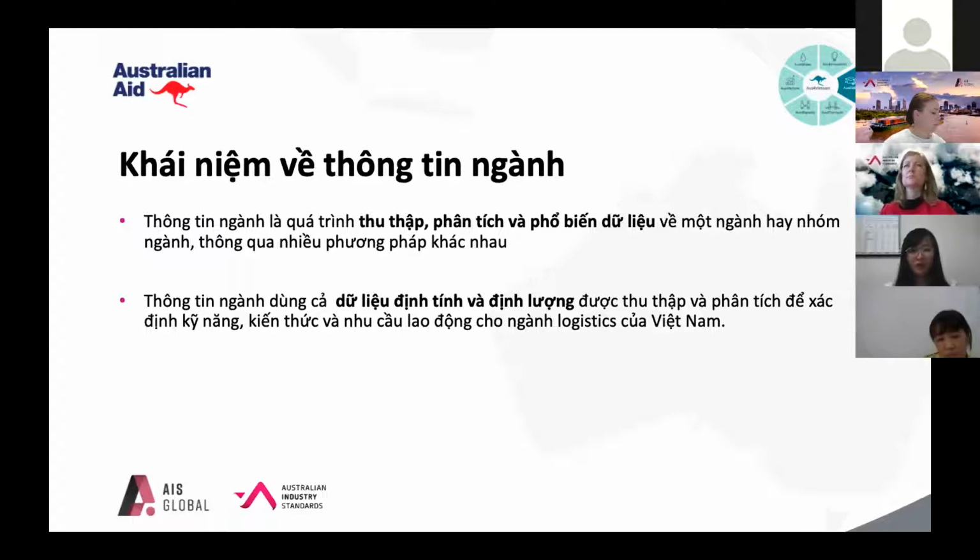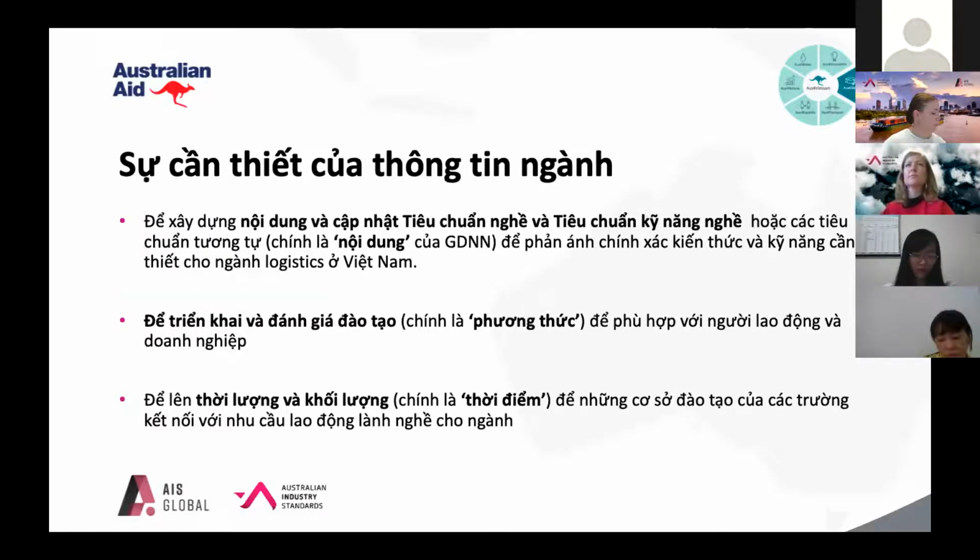And really what we're talking about here is the collection of both qualitative and quantitative data. We're talking about information that's really giving us knowledge and insight into what's happening in the sector. Why do we do it? Well, we need to maintain the integrity of our occupational standards.